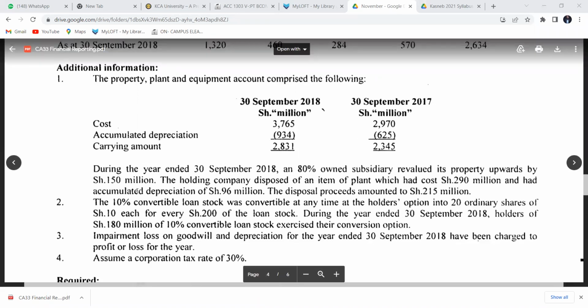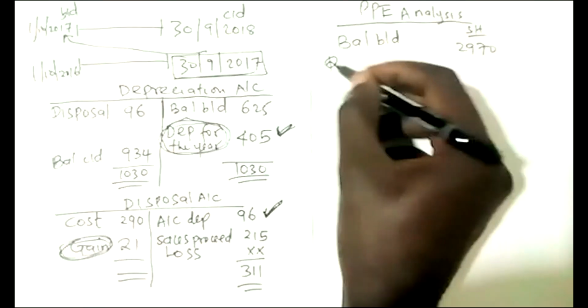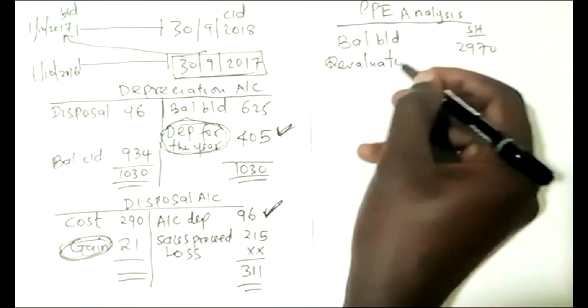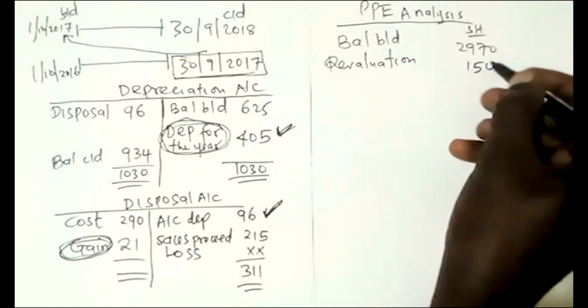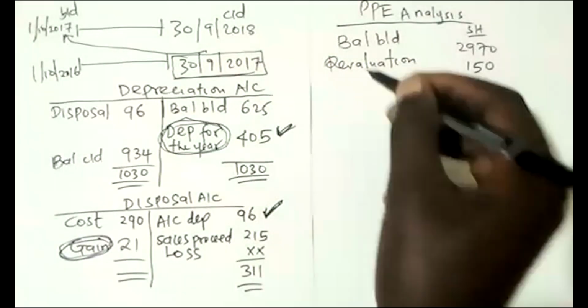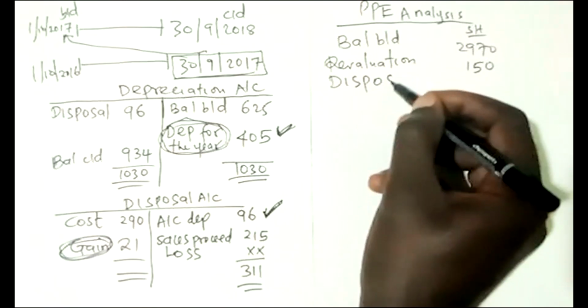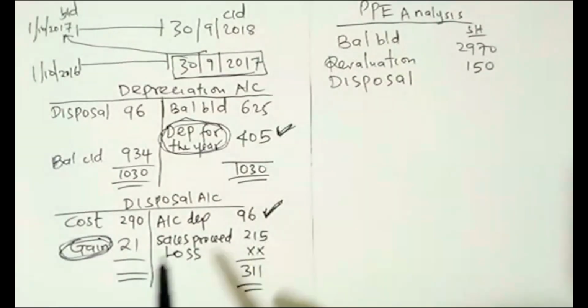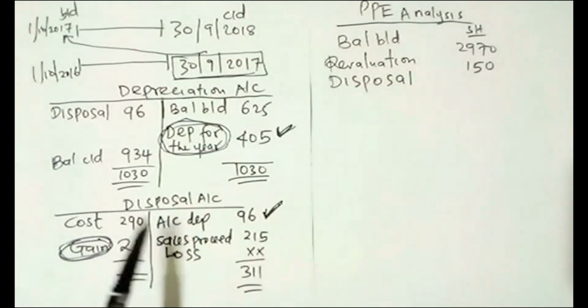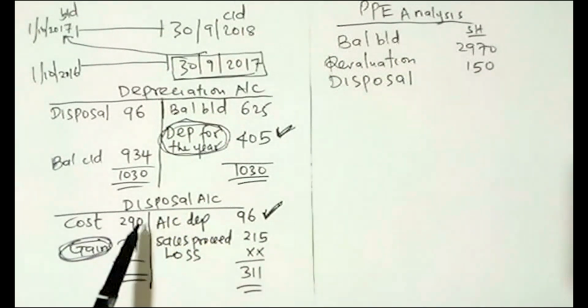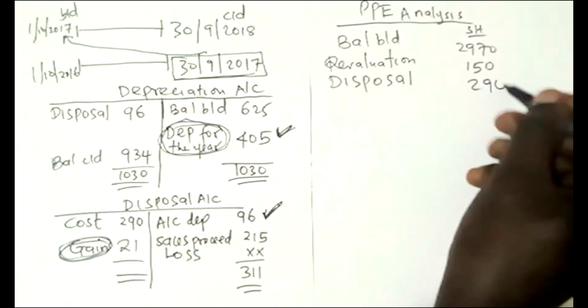Then I will add a revaluation of 150, because during the year ended 30 September 2018, an 80% owned subsidiary was revalued. So revaluation, 150. And there was a disposal. The cost of this asset which was disposed is 290.